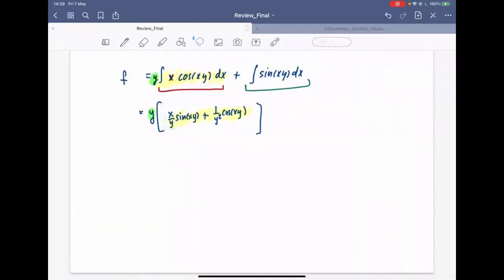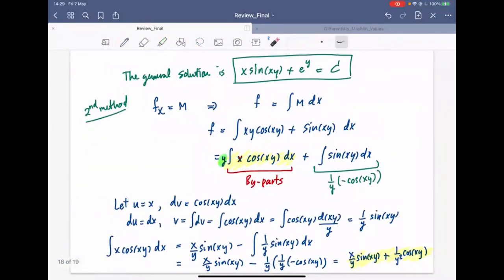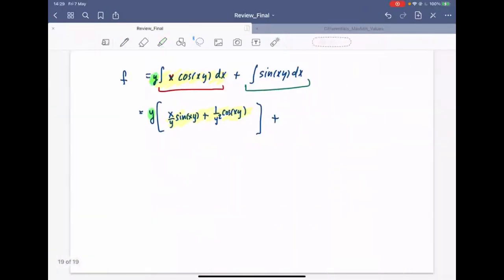All right, and then that's the second part. It's going to be that one. Okay, something is going to cancel out. Good. Okay, copy everything I want now, and then plus some function of y, because this is still a function h of y.